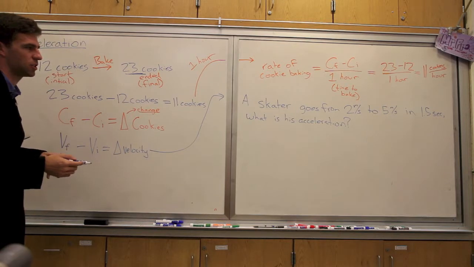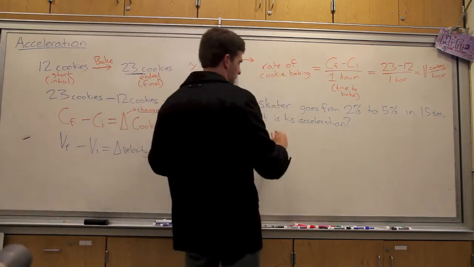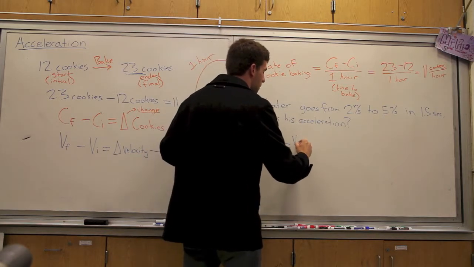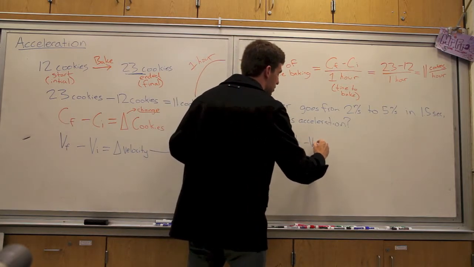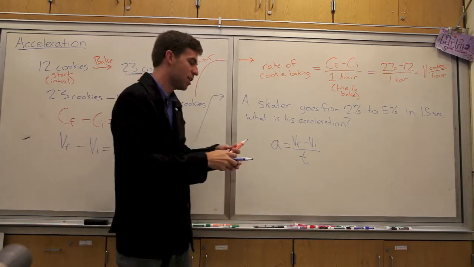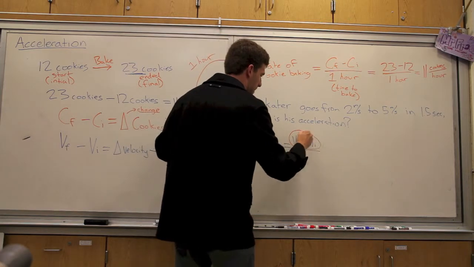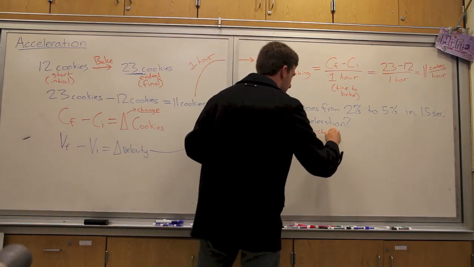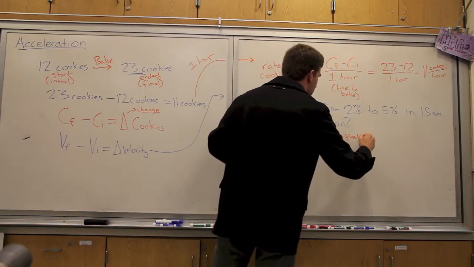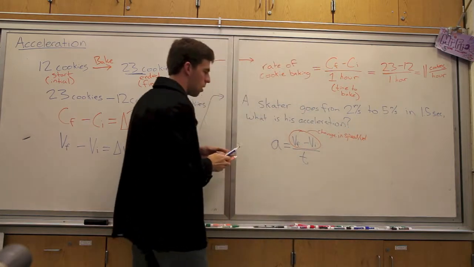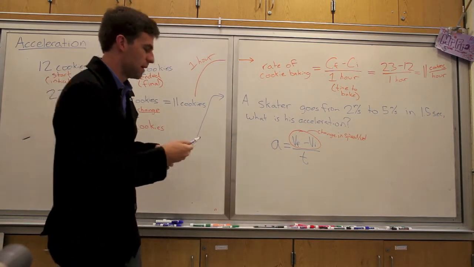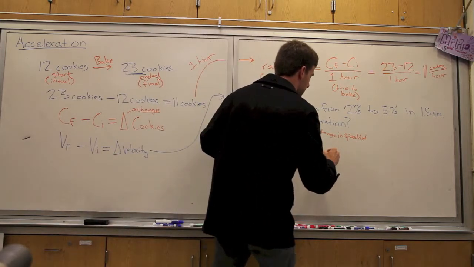What's his acceleration? Well, if we follow the same model, acceleration is going to be equal to the velocity final minus the velocity initial, all that over time. Because we're saying how much did he change his speed or velocity over a certain amount of time. So now let's put those numbers in.